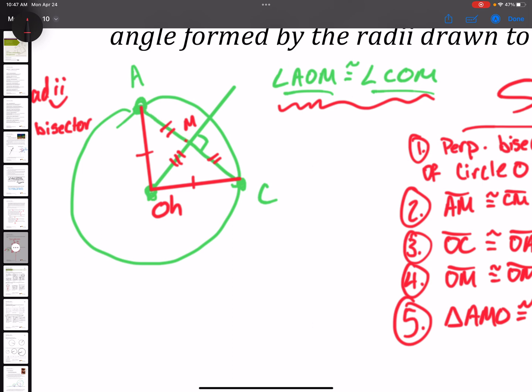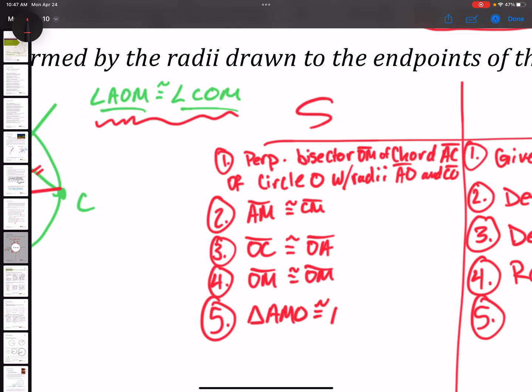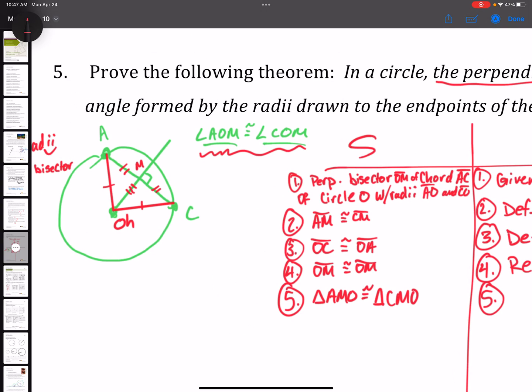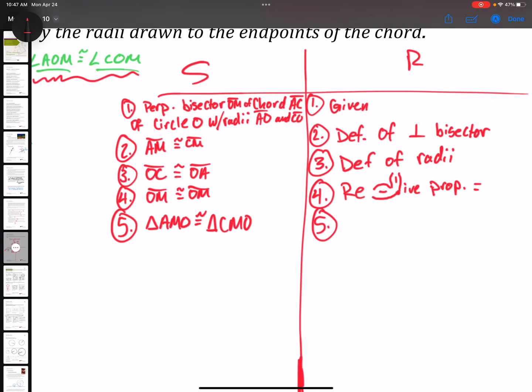I did AM first, so on this one I need to do CM and then O. Very good. So triangle CMO, right? Because order matters when we're talking about triangles.